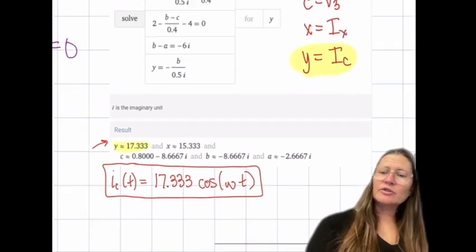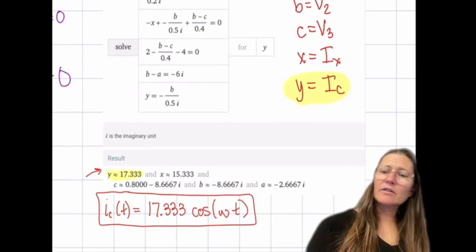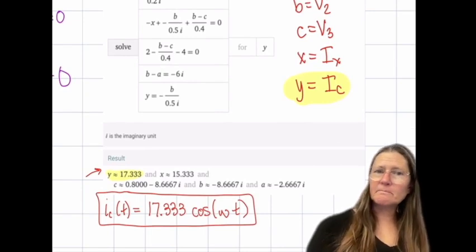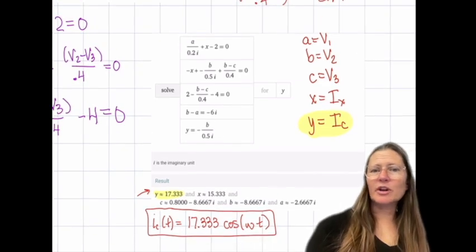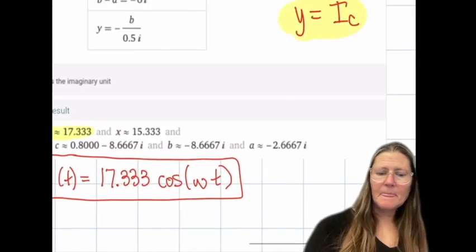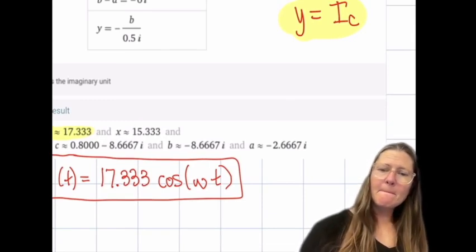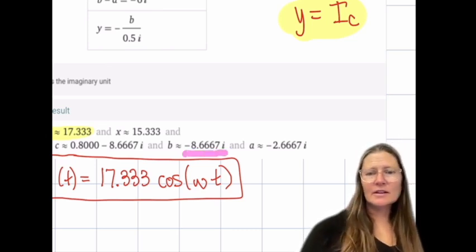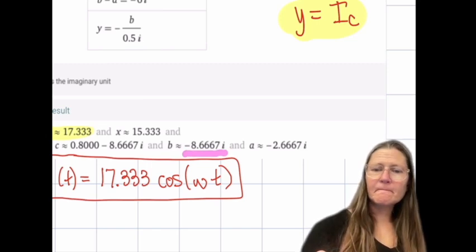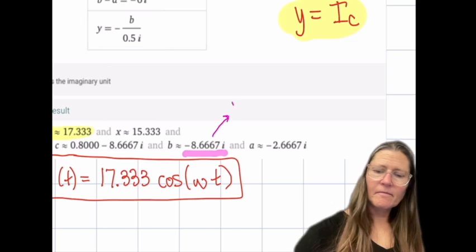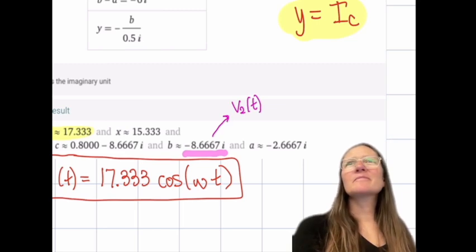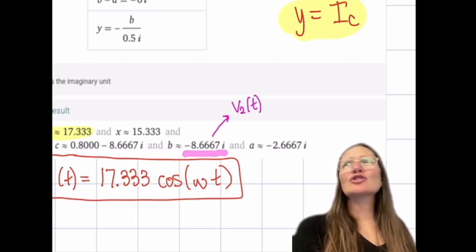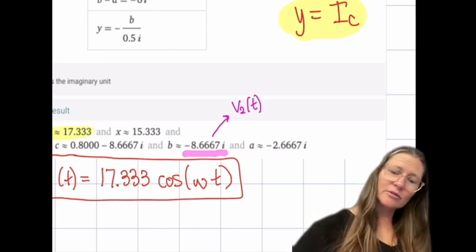If I was to write the voltage V2 of t, V2 in here was the variable B. How would I write this in the time domain? What is minus J translate into?